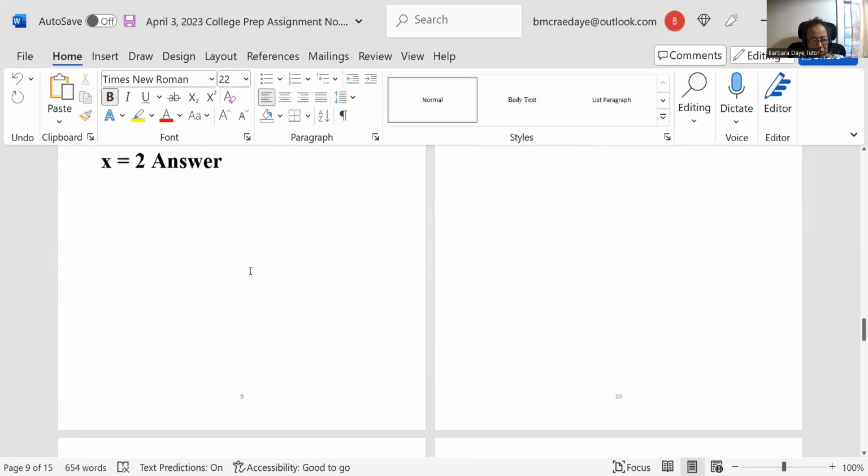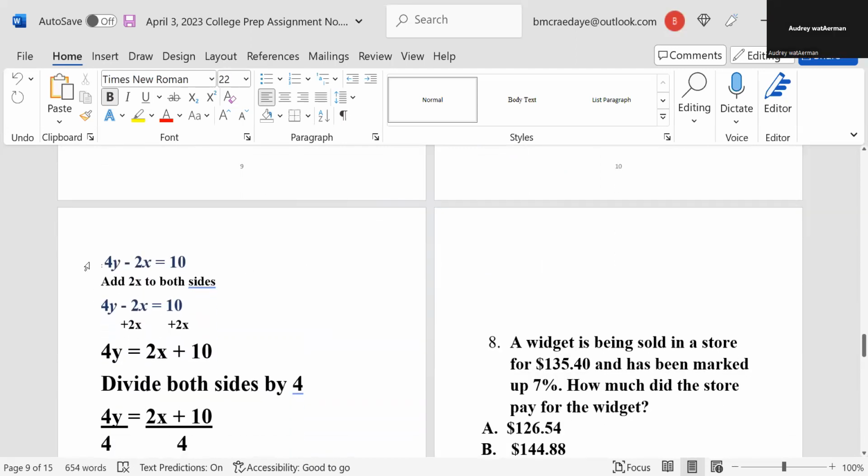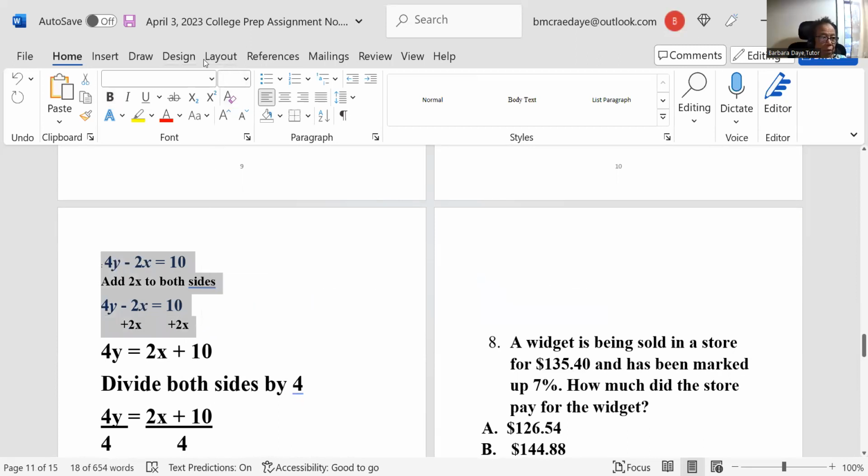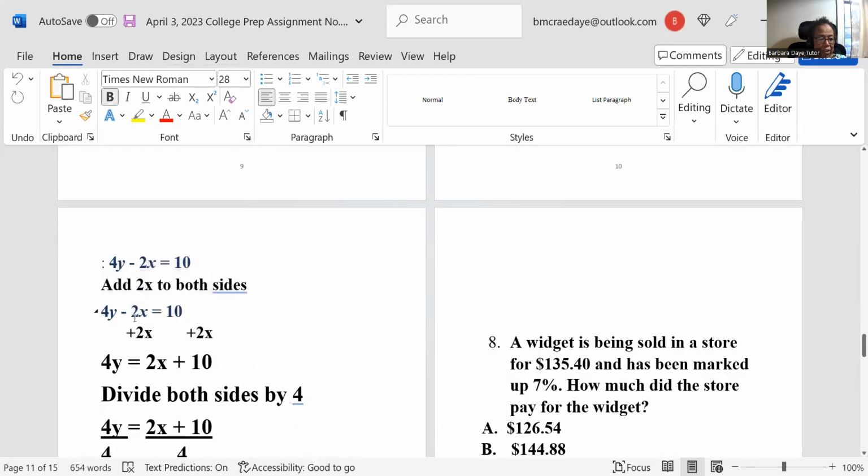Let me just make this bigger. Okay, so add the 2x to both sides, and that gave us the 4y equal 2x plus 10, because the minus 2x plus 2x is 0. So I have just 4y left, right?